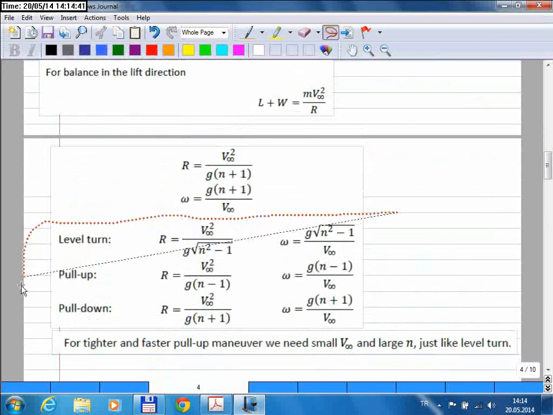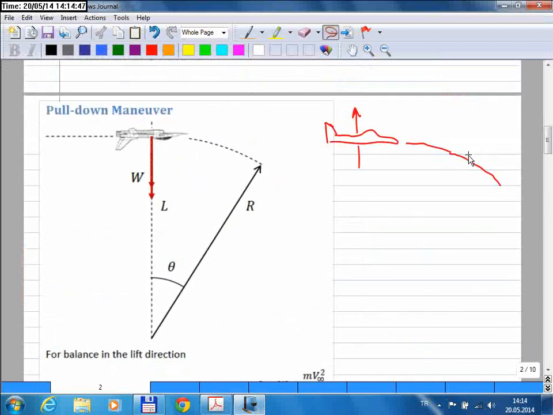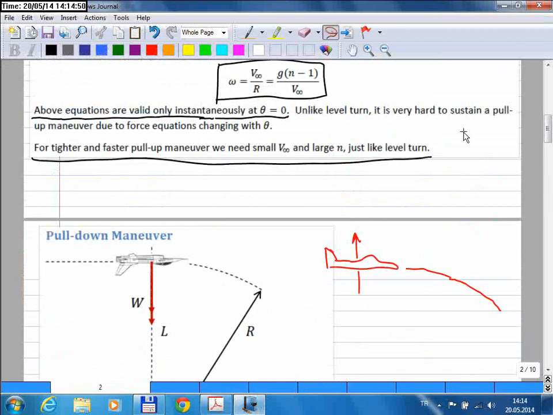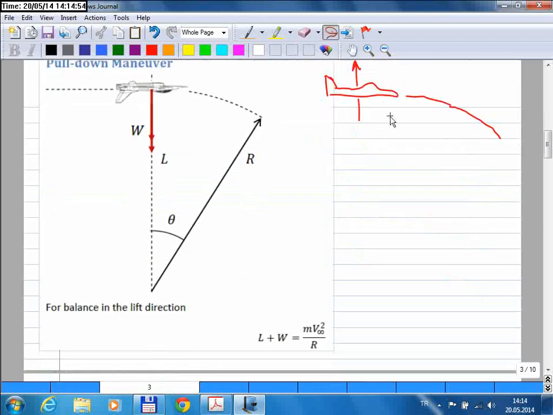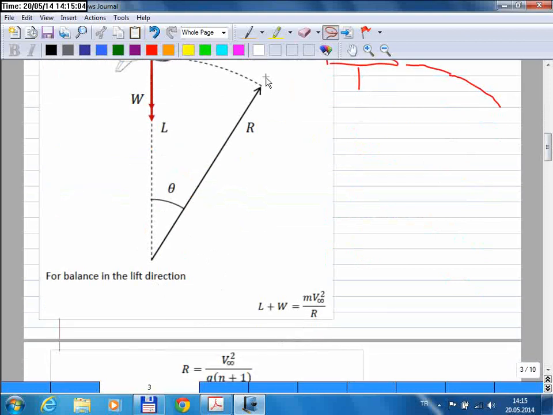Okay, so as I said, pull-up and pull-down maneuvers are similar to level turn, with one very important difference: you don't really talk about sustained pull-up and pull-down maneuvers, because that will require the pilot to change the elevator and the throttle continuously throughout the maneuver. Rather than doing that, we just look at the instantaneous values.